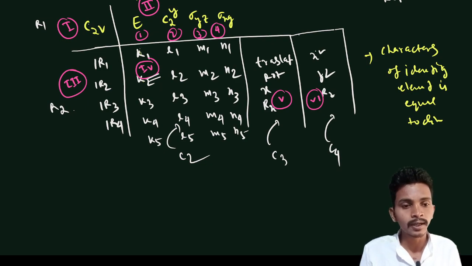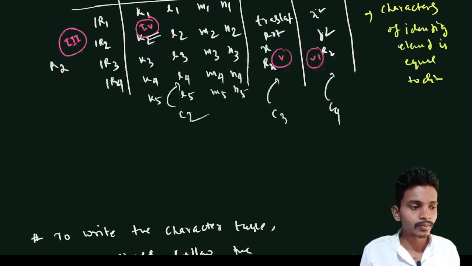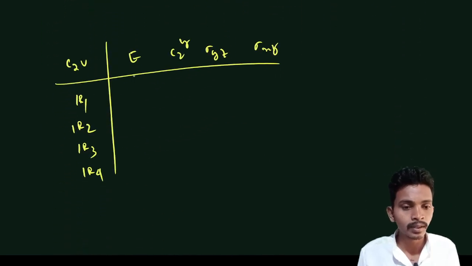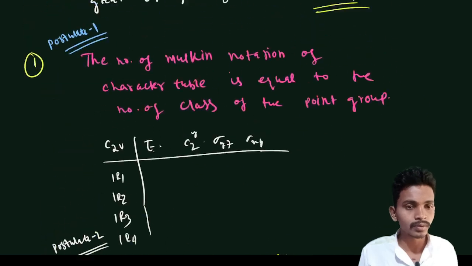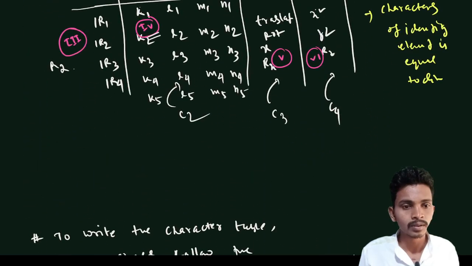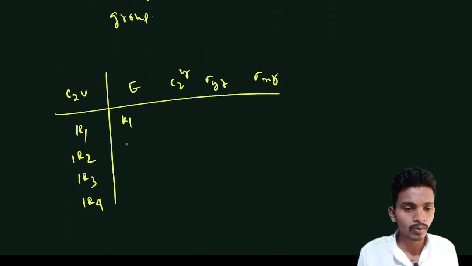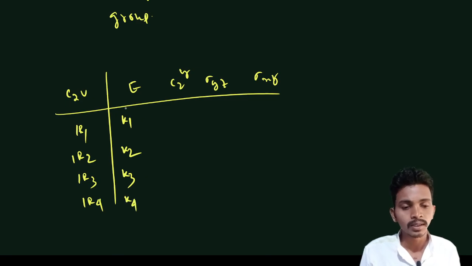So this is the dimension of identity. Here we have written these values k1, k2, k3 and k4. This is the E; the characters of E show the dimensions of the group, so these elements of E are equal to the order of the point group.